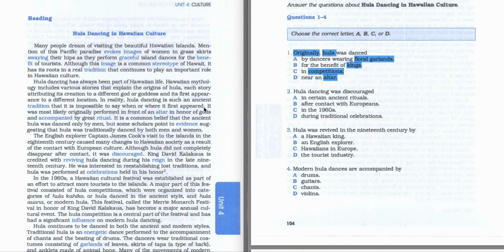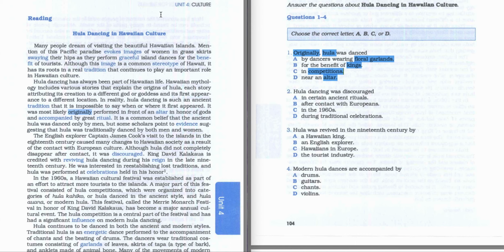So here we have a sentence which says it was most likely originally performed in front of an altar in honor of gods and accompanied by great ritual. So here the keyword is originally.